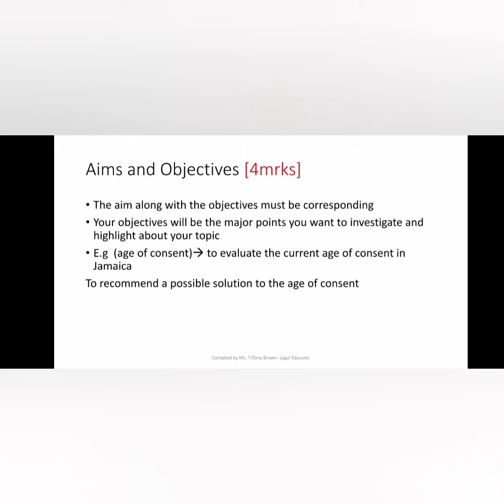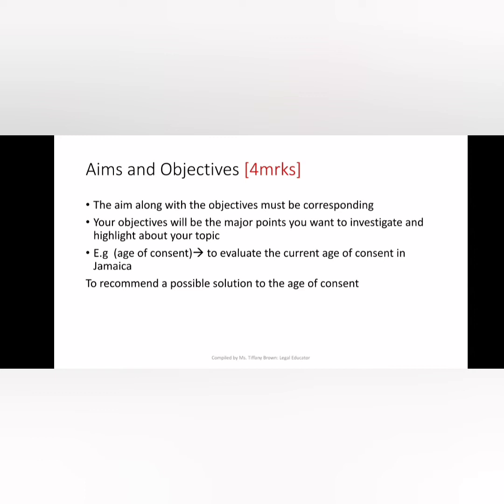Now, your aims and objectives are worth 4 marks. The aim along with the objectives must be corresponding. Your objectives will be the major points you want to investigate and highlight in your topic. Your aims are general, but your objectives must be specific.